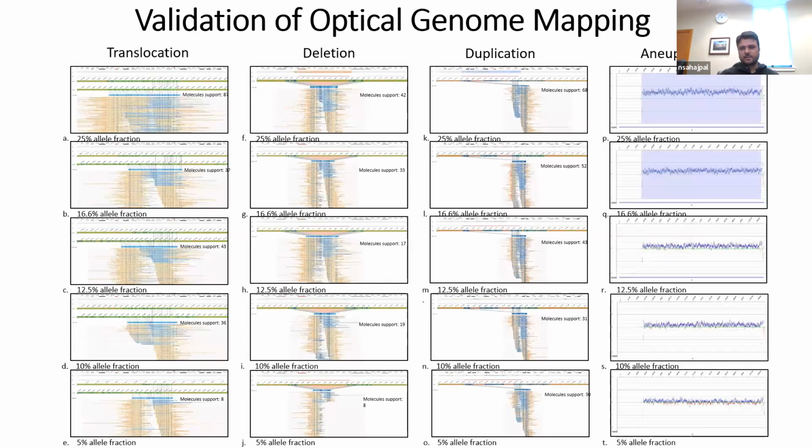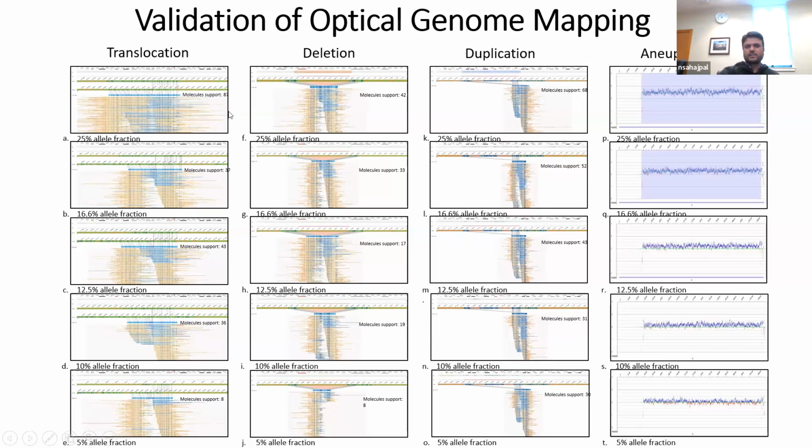One experiment that I do want to highlight is the lower limit of detection with optical genome mapping. So we had analyzed these genomes at a depth of 320x. And what you see here is 4 different SV classes: translocation, an interstitial deletion, interstitial duplication, and an aneuploidy.